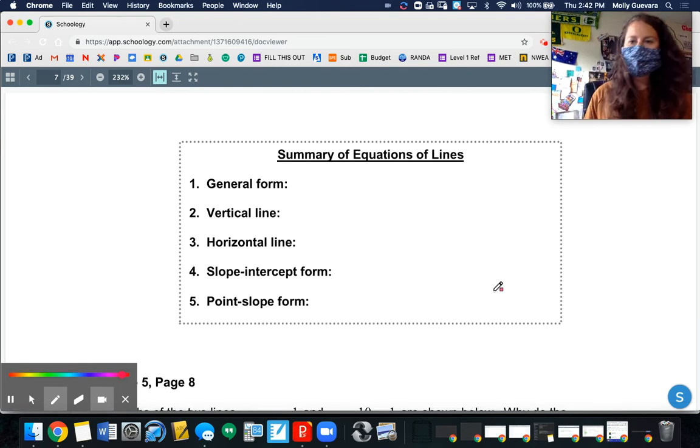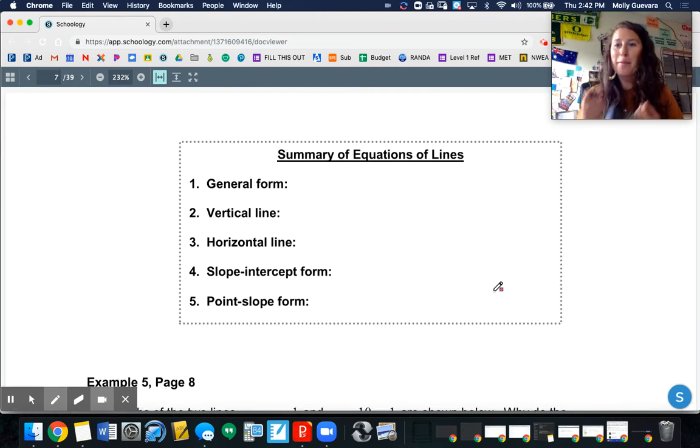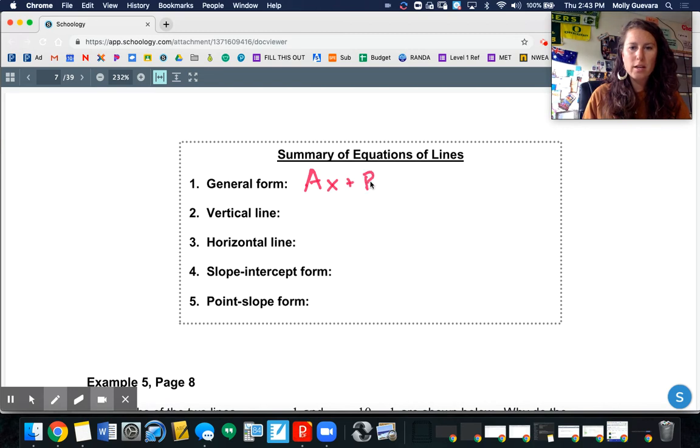Okay, so just a summary, I don't need my mask on, sorry. Just a summary of the different types of equations that we're going to see. So general form is sometimes called standard form, and that's just when the x and y are on the same side of the equal sign. So I have ax plus by equals c, where a, b, and c are all numbers.